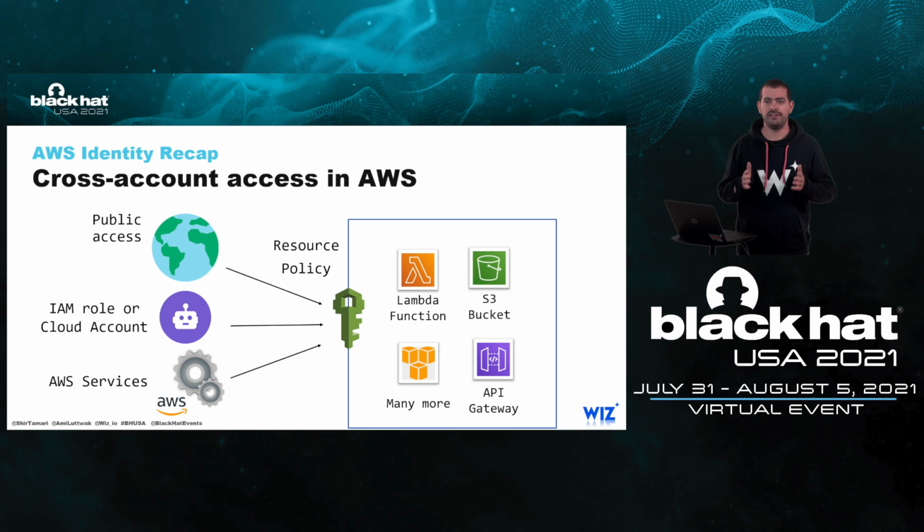One, public sharing. The resource can be publicly exposed, and anyone on the internet can use and access the resource. The other option is to allow access to a specific user, resource, or account. This can be users or accounts of the same account, and this can be users of other accounts. And the third option is to provide access to various AWS services that can perform operations on the resource.